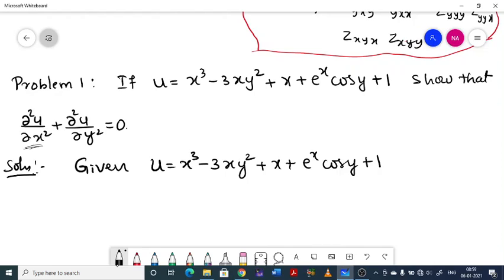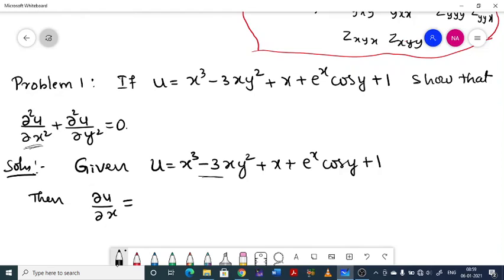Then dou u by dou x equals. I have to differentiate this expression with respect to x, treating y as a constant in your mind. Fix y as a constant and differentiate with respect to x.